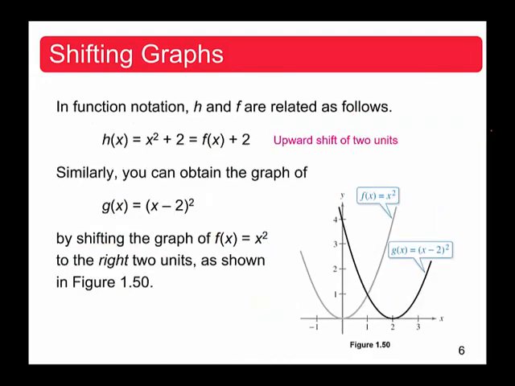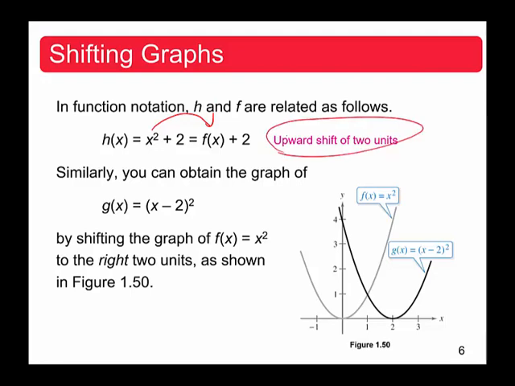And let's take a look at some of the horizontal shift. So as you can see, h of x could be written as f of x plus 2 because x squared is f of x. So since we're adding 2 to the entire function, we're shifting up and down. Adding 2 means shifting upward by 2 units.